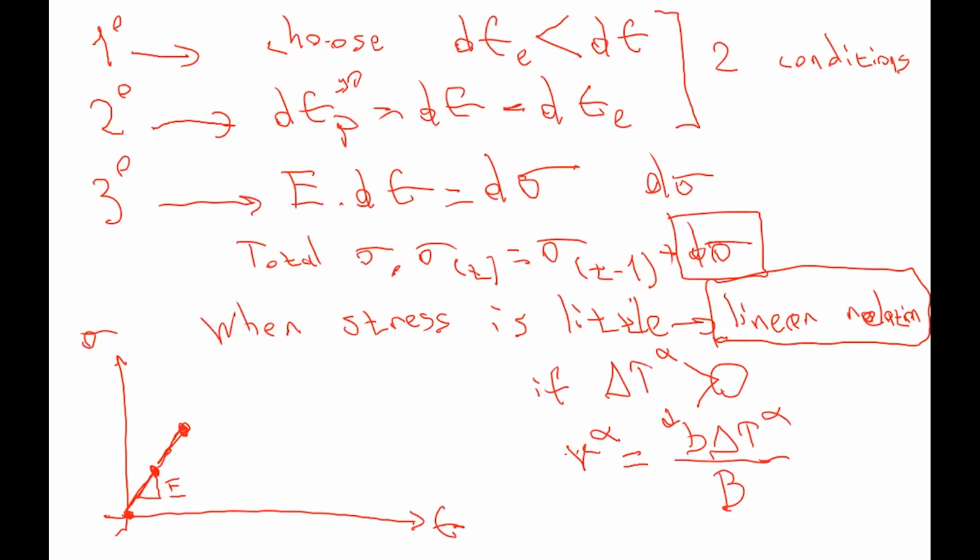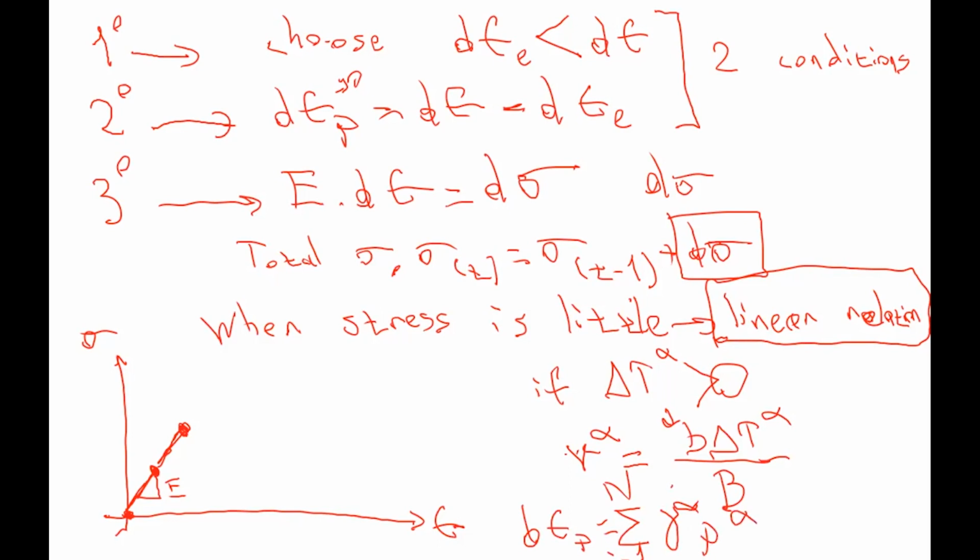And recall, the epsilon p is equal to the sum from i = 1 to n of the shear rate alpha times the dislocation density.